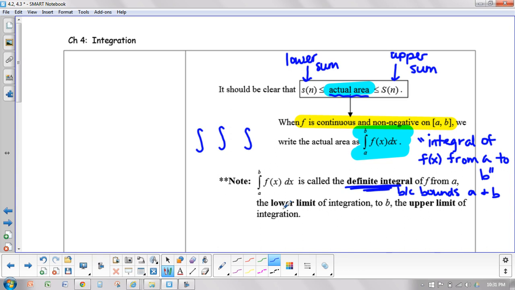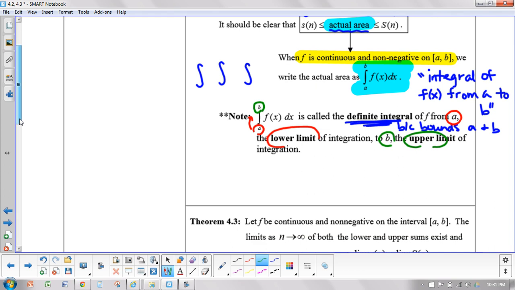So our lower limit is a, and our upper limit is b. So we start at a and we progress to b. Okay? This is what we call a definite integral because it has bounds.